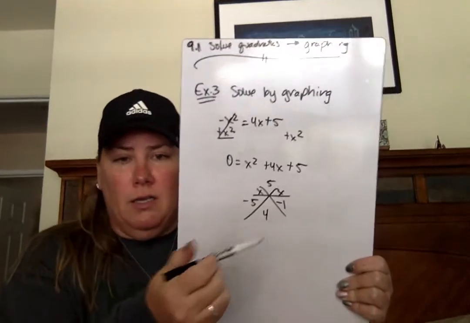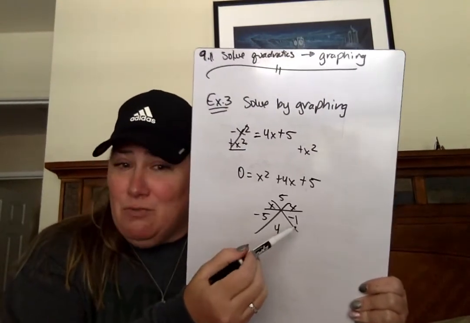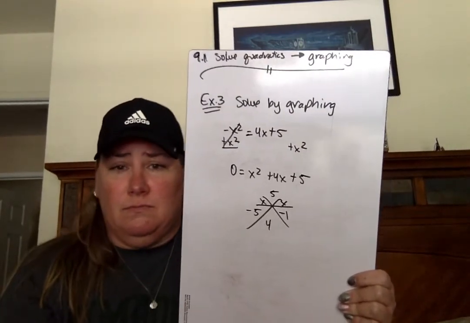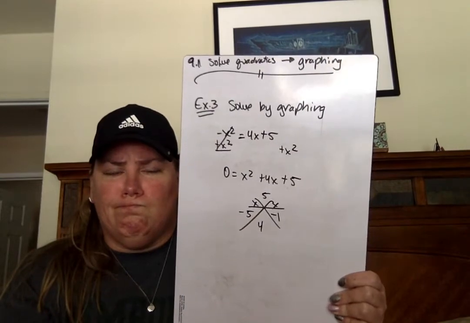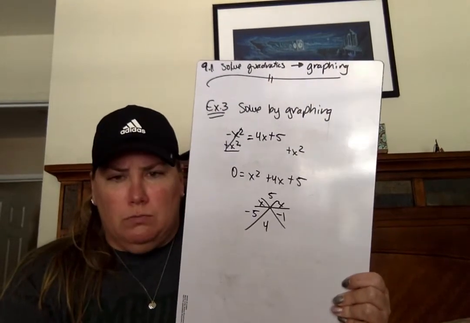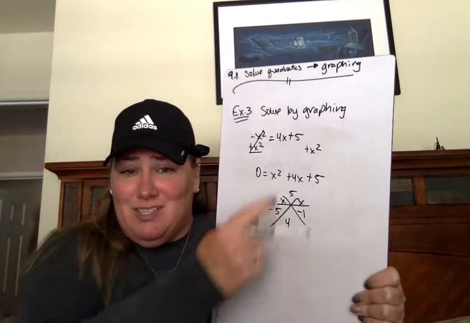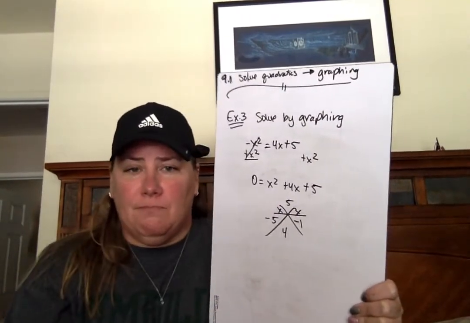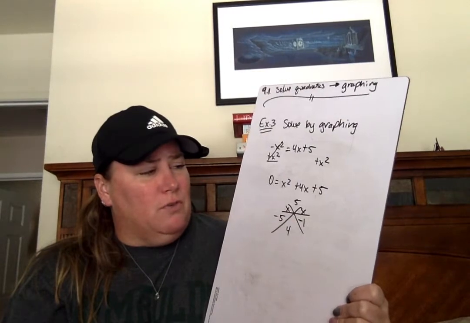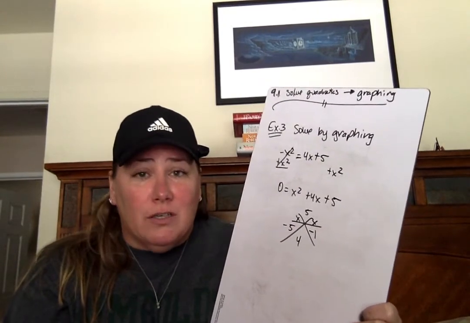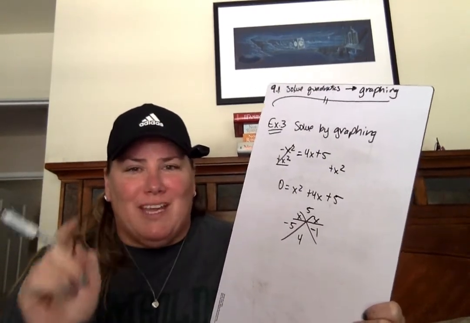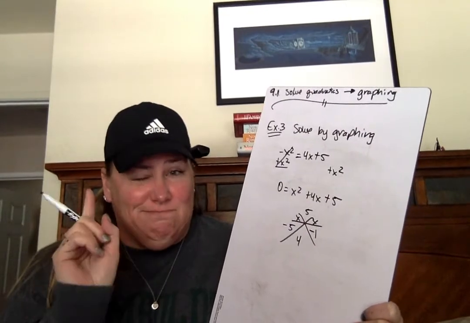We're good there, but negative 5 plus negative 1 is negative 6. So we've run out of options. What this tells you is this guy cannot be factored. So the polynomial x squared plus 4x plus 5 cannot be factored, but that doesn't mean you can't solve it.